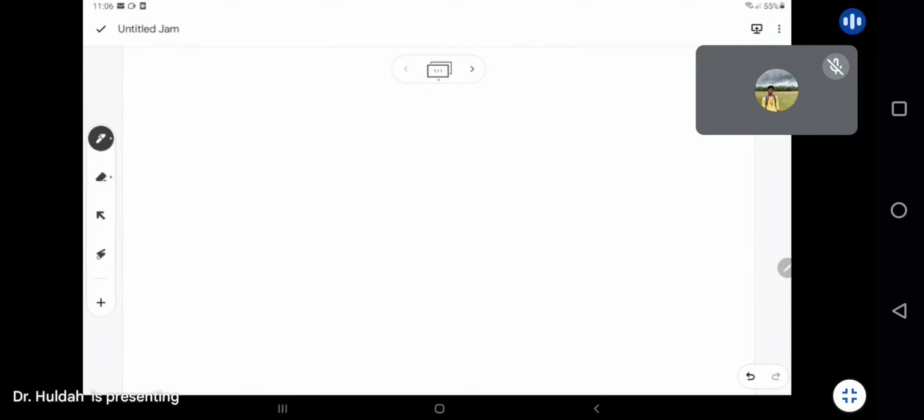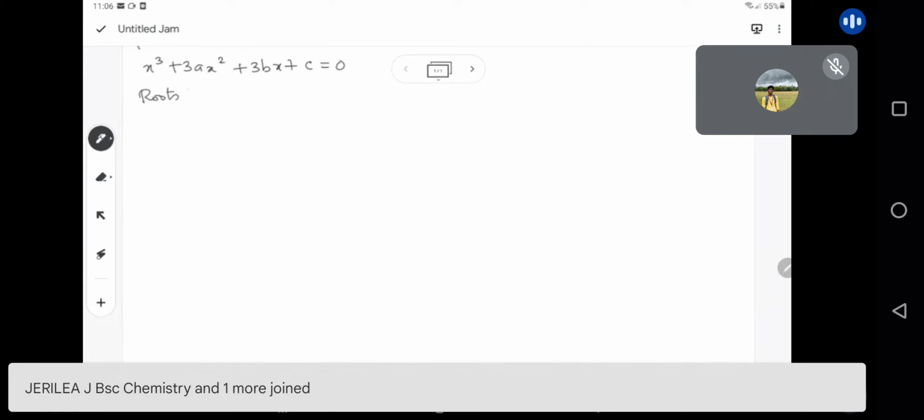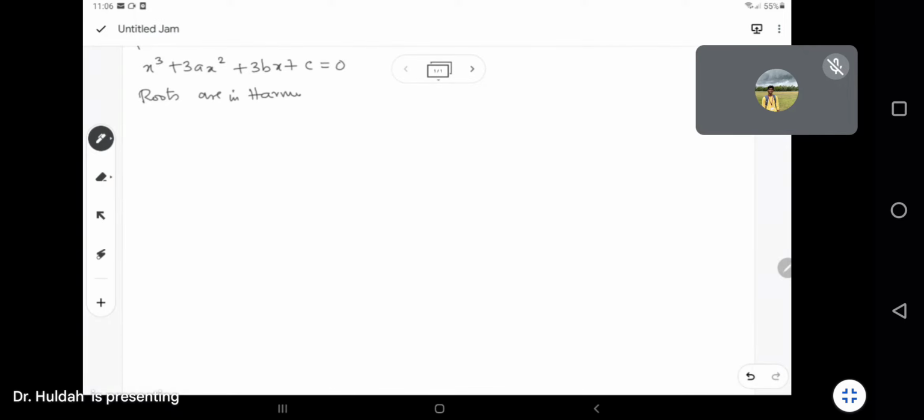Okay. Let me take this equation: x cube plus 3ax squared plus 3bx plus c equal to 0, given that the roots are in harmonic progression.